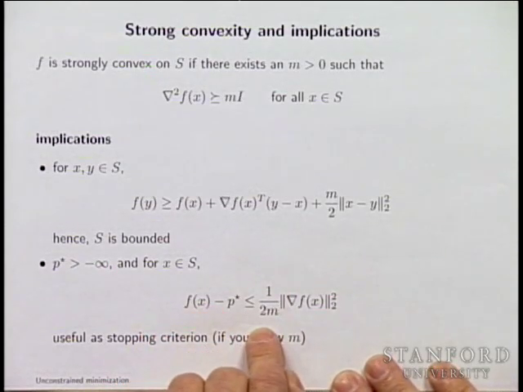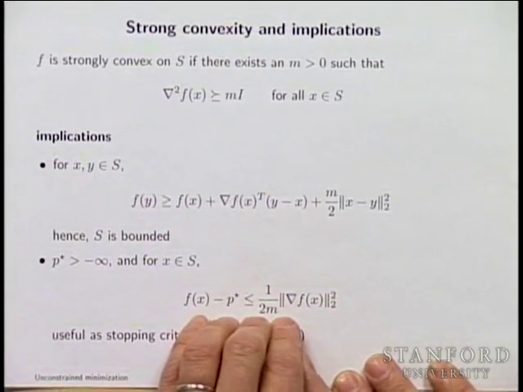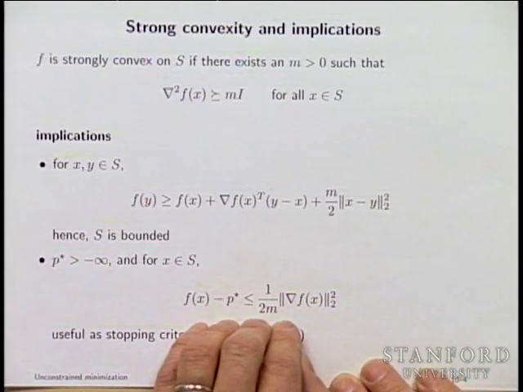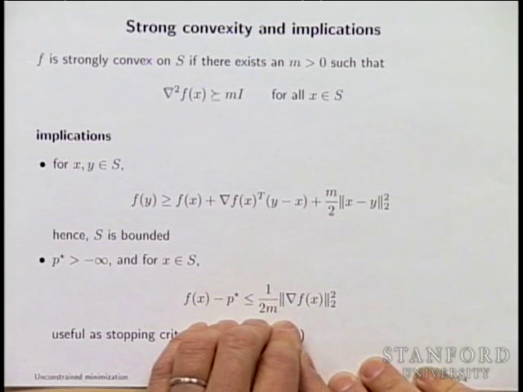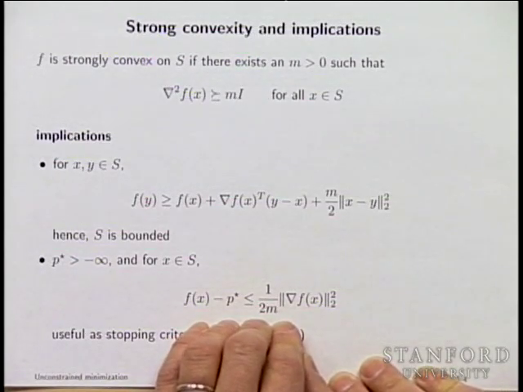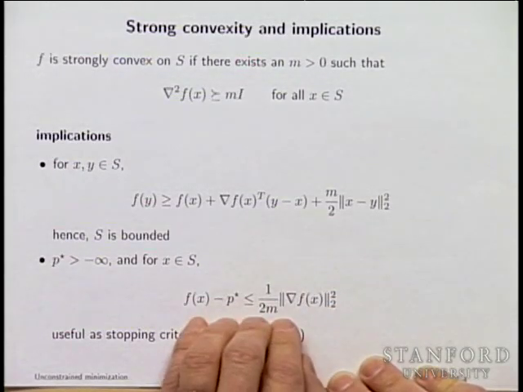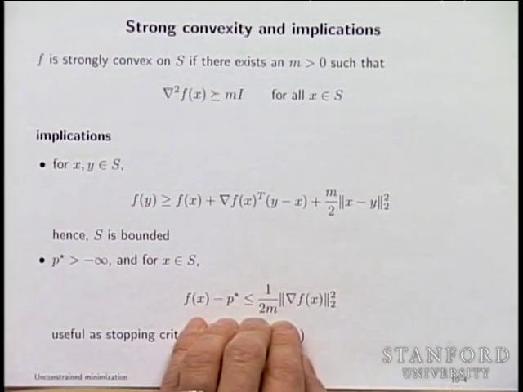Then you might ask, do you generally know m? And the answer is no, you do not. So the use of this is conceptual. When someone pokes into your C source and finds the stopping criterion, which is basically that the norm of the gradient is less than some number, they ask how you know you're close to the optimum.